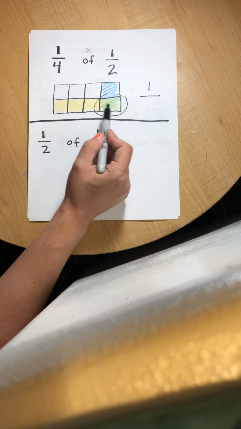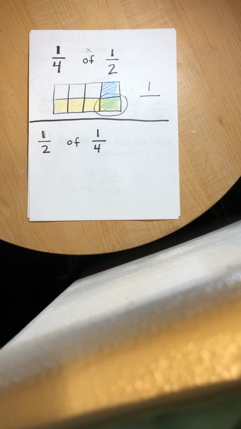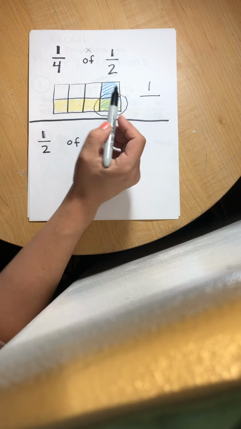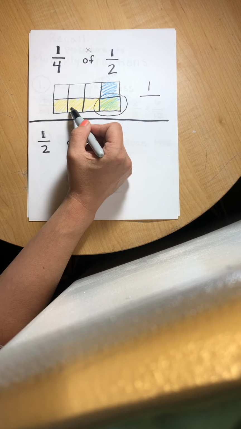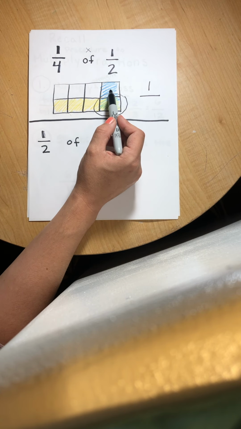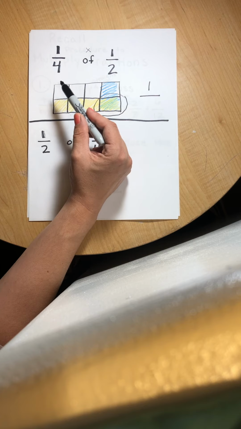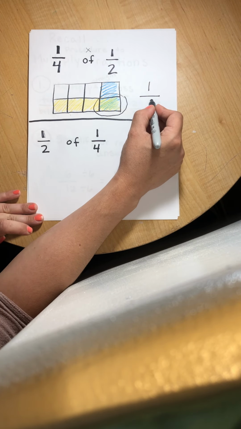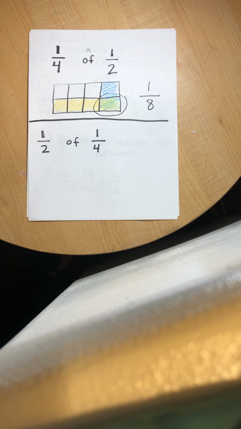And then we need to count the rest of the squares to find out what our bottom number would be. 1, 2, 3, 4, 5, 6, 7, 8. So 1/4 of 1/2 would be 1/8.